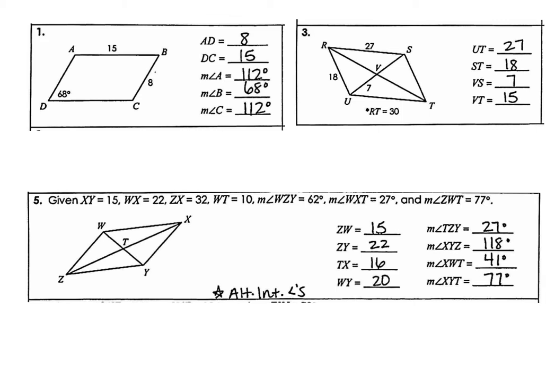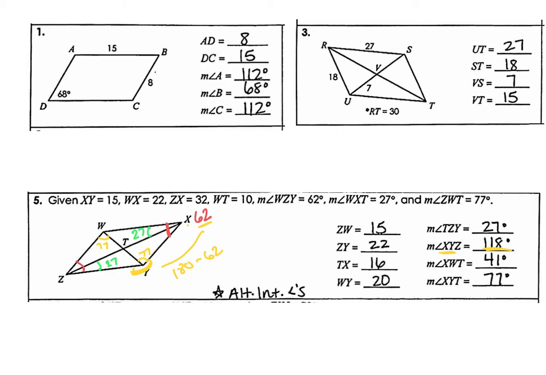WYZ, right here, WYZ. And using what you have here with the 62 consecutive, this entire angle, which is the XYZ, is 118 by subtraction.